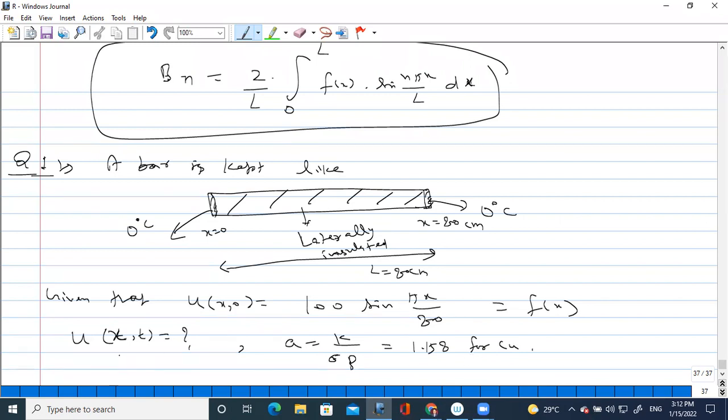Now, suppose this is my first question, and the second question they have asked: how long will it take for the maximum temperature of the bar to drop down to 50 degree centigrade?